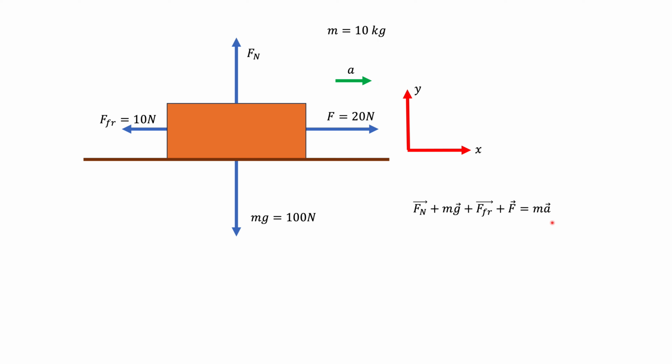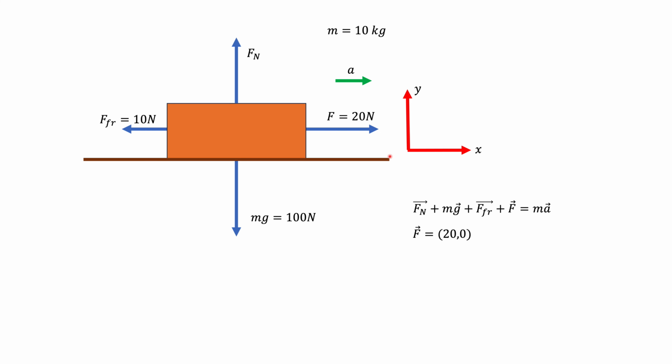The next thing we're going to do is find the components of all the forces and acceleration on the x-coordinate and y-coordinate. Let's start with the force F. We see it's a horizontal force with a magnitude of 20 newtons. Since it's horizontal, the component of this force will be 20 newtons in the x direction and 0 in the y direction.